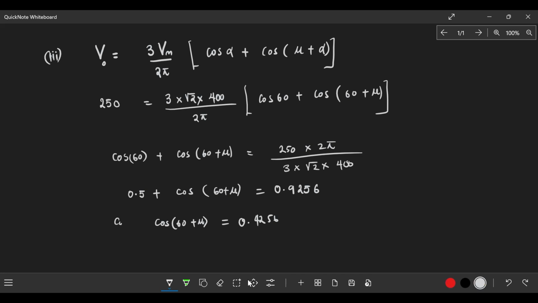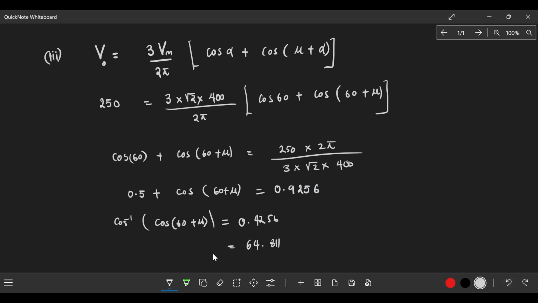The cosine inverse of this just remains with that. The cosine inverse of that guy is about 64.811. And this side just remains with 60 plus mu.